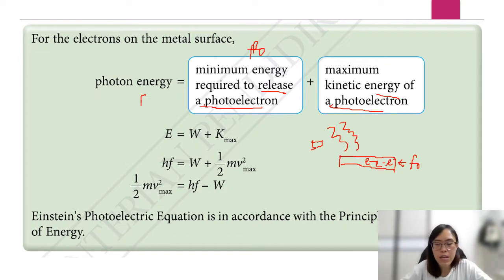For example, the minimum energy for the threshold frequency is maybe 2 joules. So this 2 joules comes from the 5 joules.